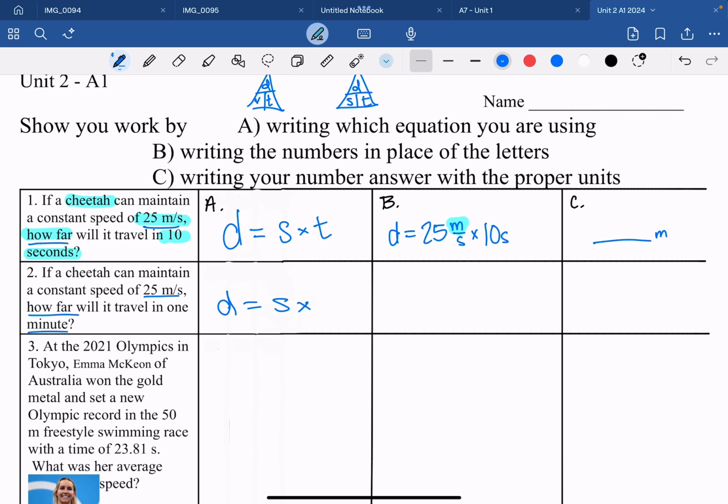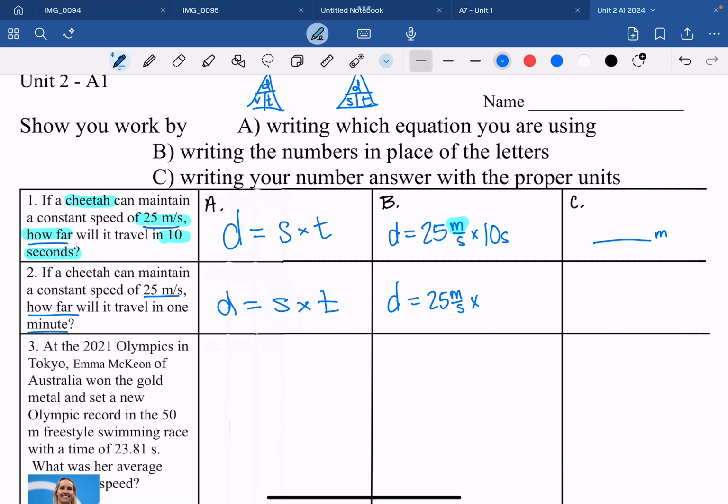It's how far, which is speed multiplied by time. And let's plug in our numbers. Distance equals, our speed stays at 25 meters per second. And we want to multiply by our time, which is 1 minute.